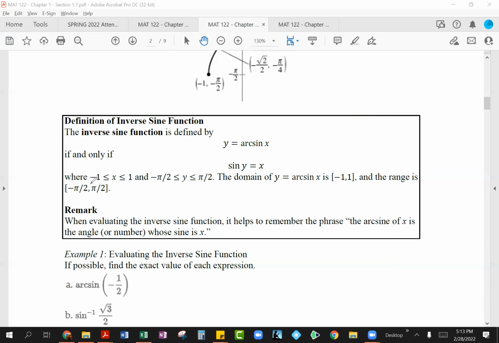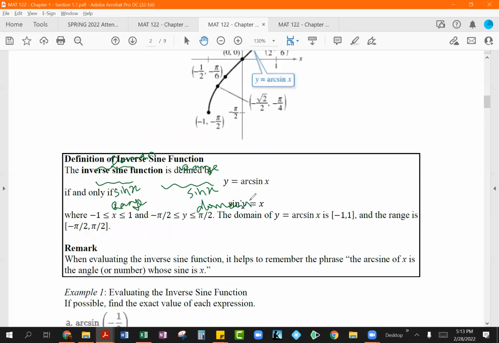For the arc sine, you can see your domain is going to be between -1 and +1, and your range is going to be between negative pi halves and positive pi halves. However, for the sine function, remember, this was the range, and this was the domain, or the restricted domain, if you will.